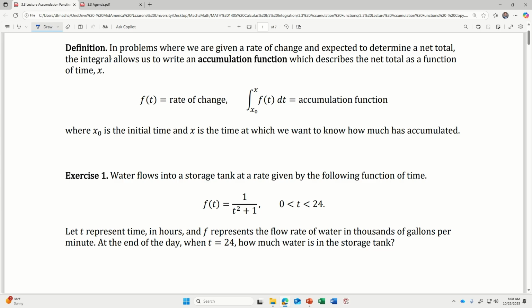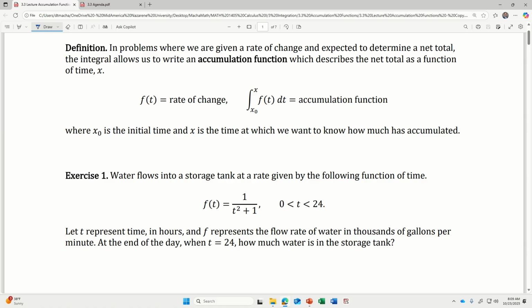So in problems where we are given a rate of change, and you're expected to determine some kind of net total, then what we've been learning about integrals is going to allow us to write an accumulation function. The function that describes my rate of change is going to go in the integrand.